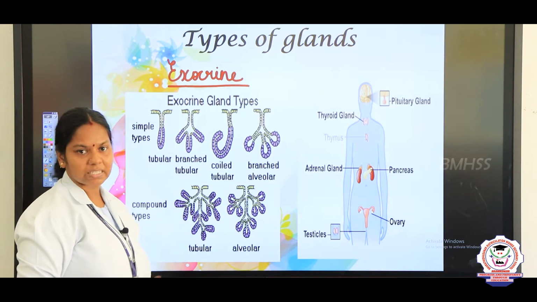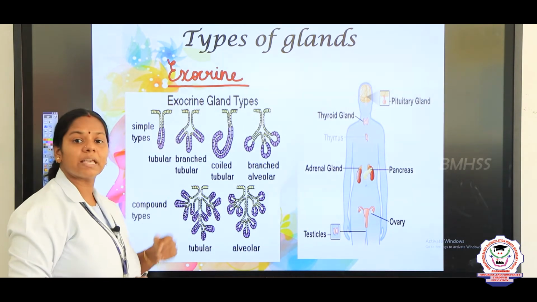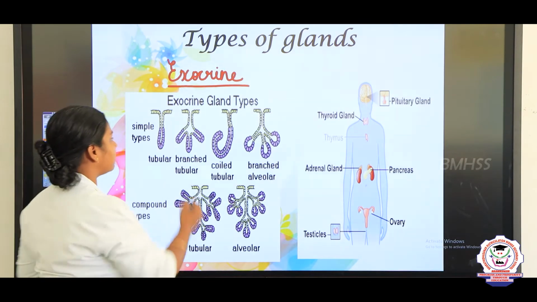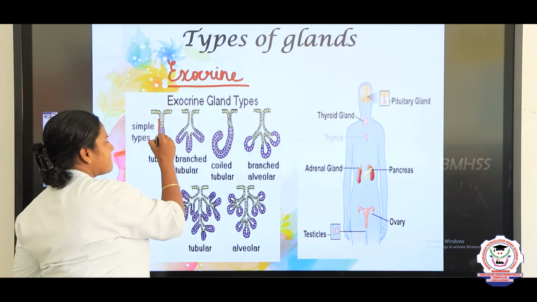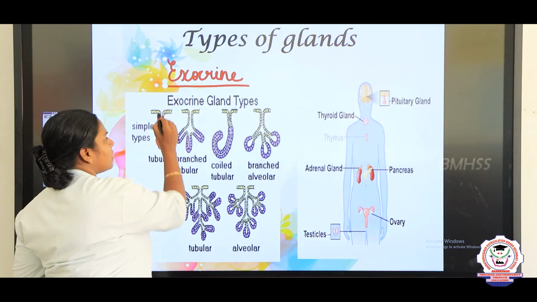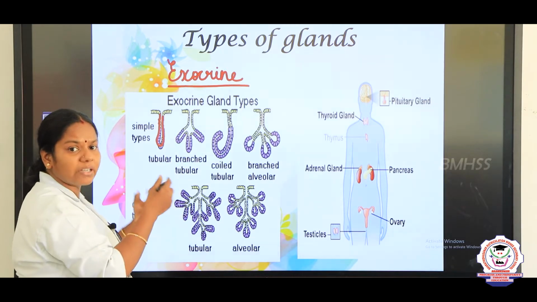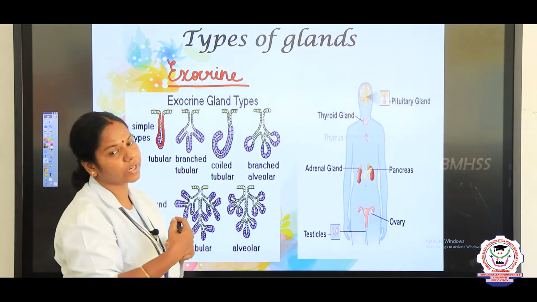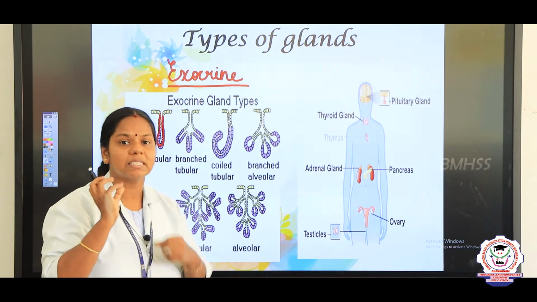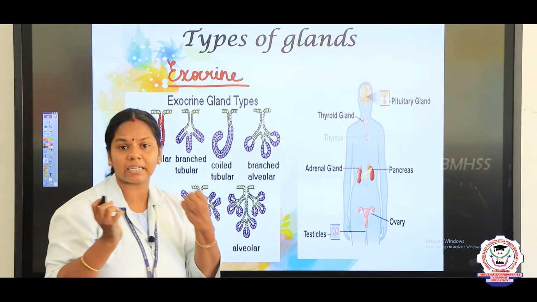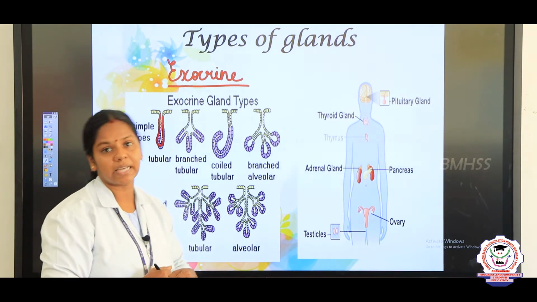Our salivary glands. All the exocrine glands possess ducts. For example, the salivary gland secretes saliva and it is collected by the salivary duct.